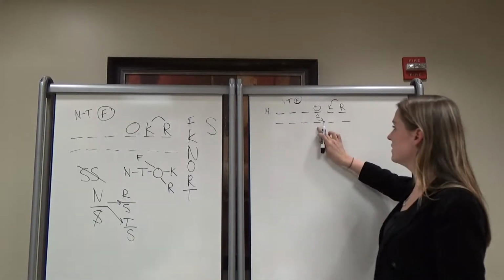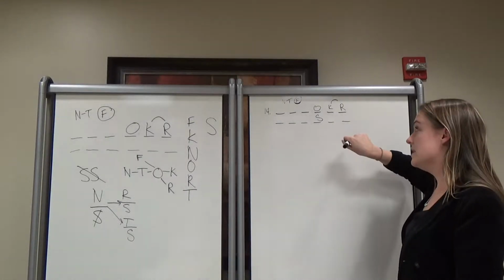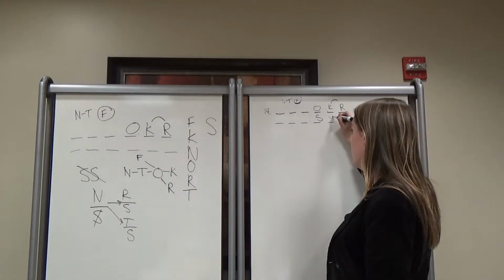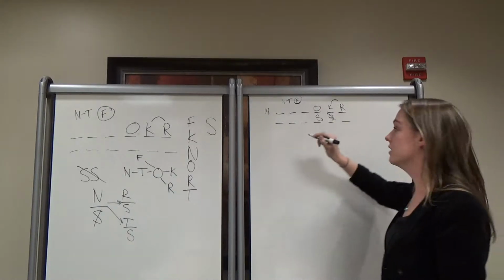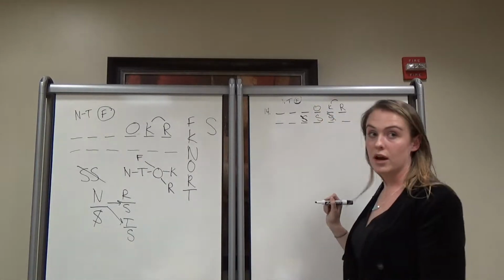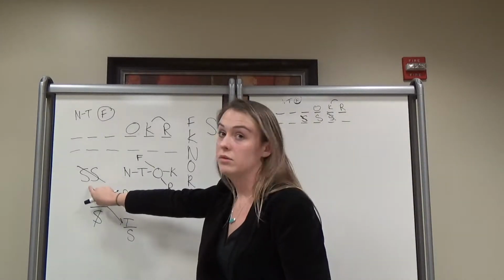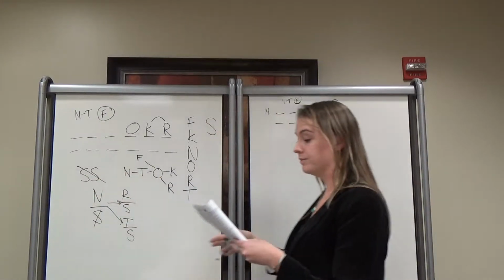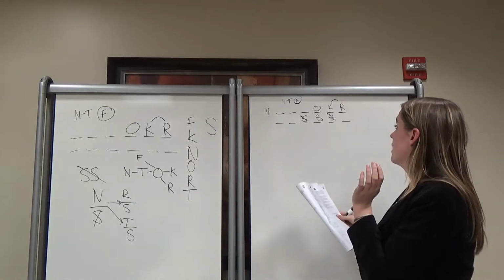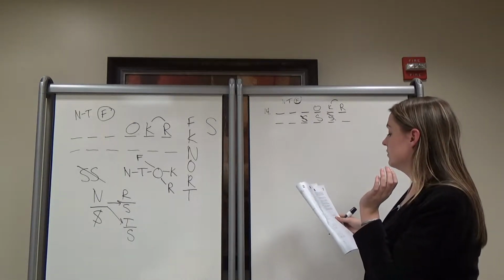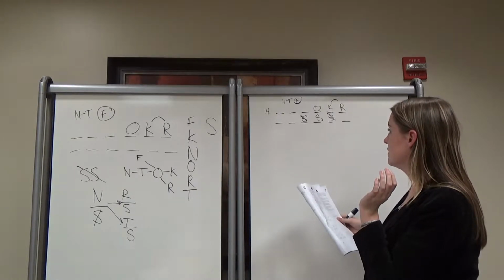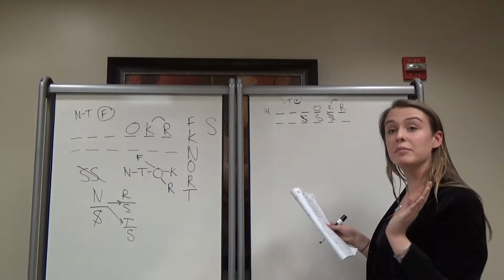So if O is summarized, immediately I would put in that this spot cannot be summarized, and that this spot cannot be summarized because we can't have two summarized in a row. That's all that we can really fill in at this present time.